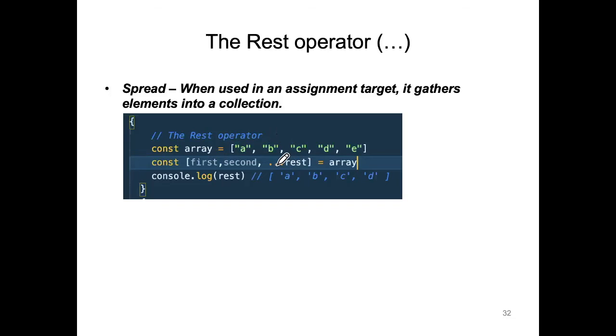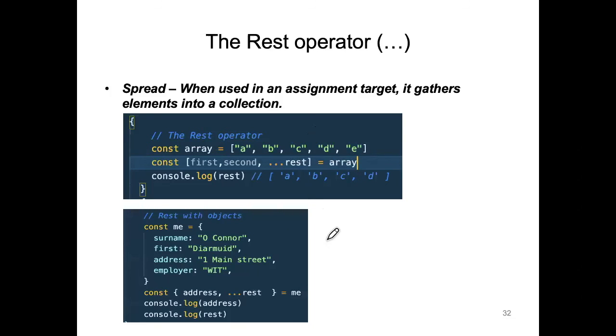Because I put the three dots in front of it, this third variable called rest is going to be assigned the remaining elements within my array. So it's going to be an array containing C, D, and E. It has gathered up the remaining elements in this array and put them into a new array called rest. You can call that anything you want to. We tend to use the variable name rest though, because it has a certain meaning.